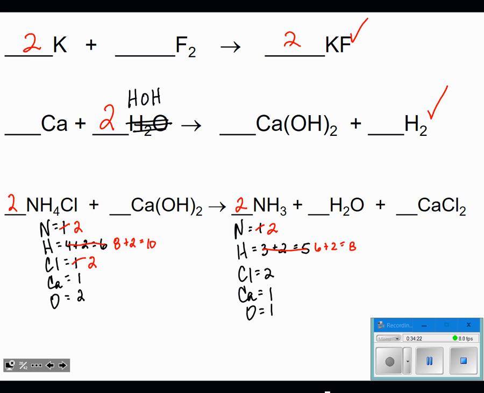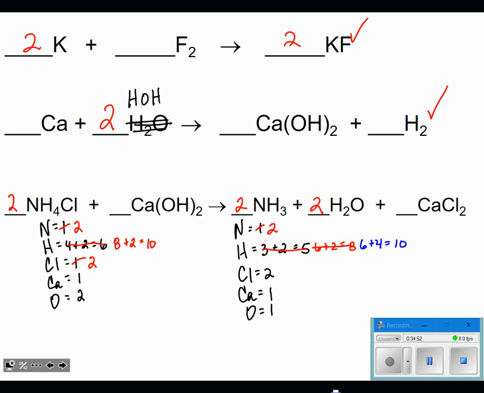Okay. So I've got everything else. I don't have hydrogen fixed yet. But I just need 2 over here. So let's do a 2 right there. If I do 2 like that, then that now makes my hydrogen 6 plus 4, which equals 10, which is how many I needed.